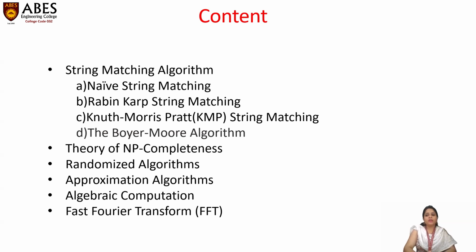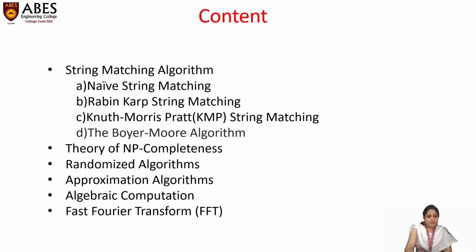The second topic which we will discuss in this lecture series is the theory of NP completeness. Here NP stands for non-deterministic polynomial time. Non-deterministic means that if we do not know the exact path from the problem to a solution, then these kinds of problems come in the category of non-deterministic problems.